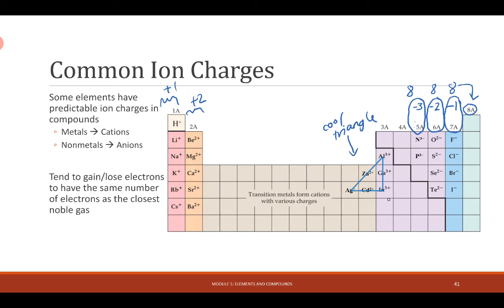So if you want to locate that on your periodic table so that you can find it, silver likes to be +1, and so there's only 1 element here. There are 2 elements here that like to be 2+. And then there's 3 elements that like to be 3+. So 1 element is 1+, 2 elements are 2+, and 3 elements are 3+.